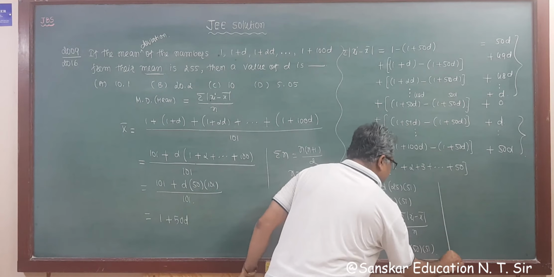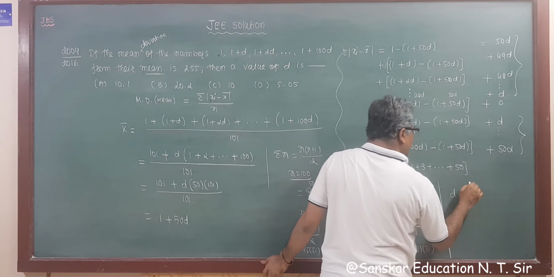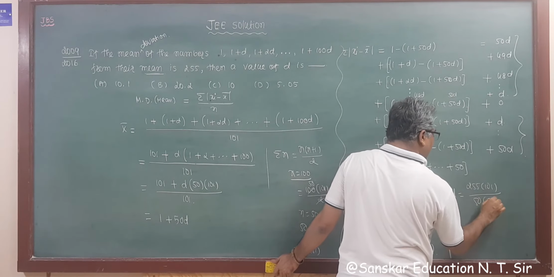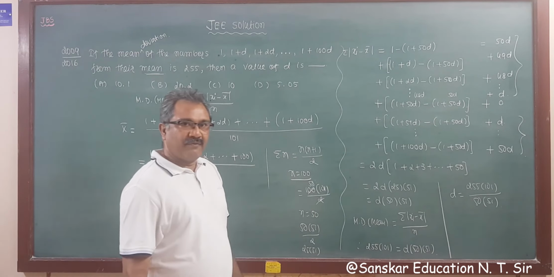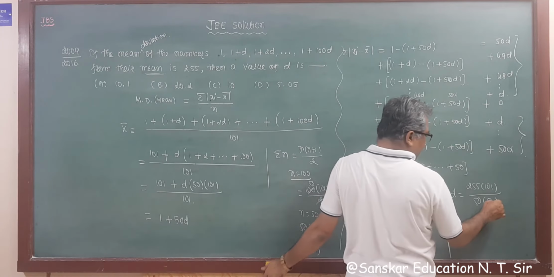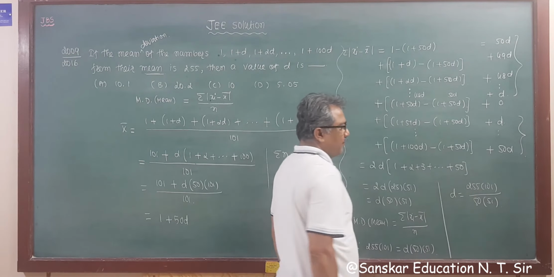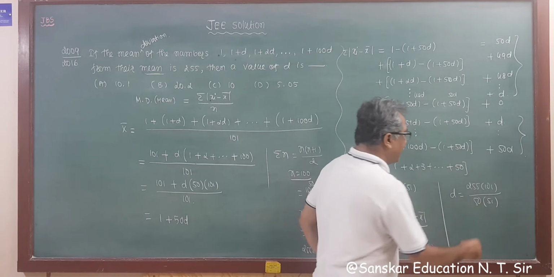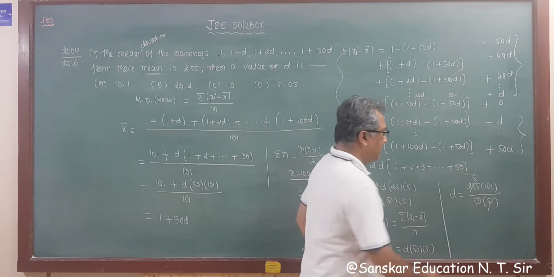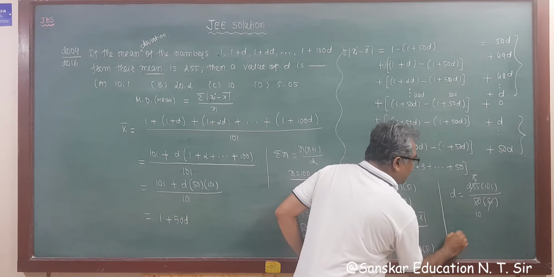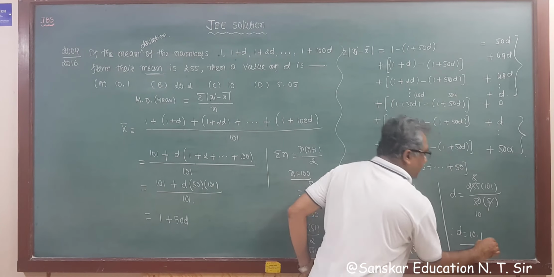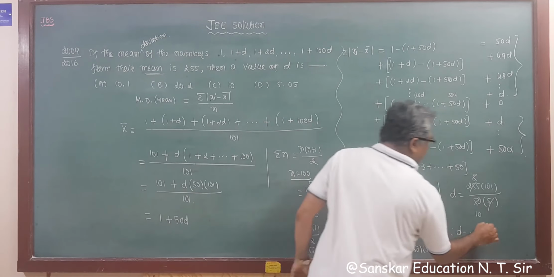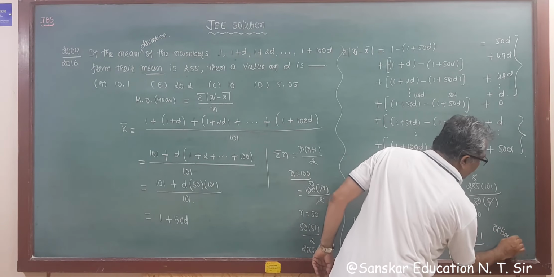So your answer will be d equal to 255 into 101 upon 50 into 51. Simplifying, 51 into 5 gives 255, and 50 divided by 5 is 10. So d is equal to 10.1 is your proper answer. That is, option A is the correct answer.